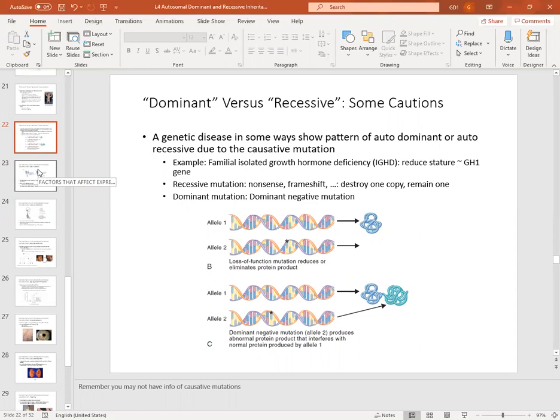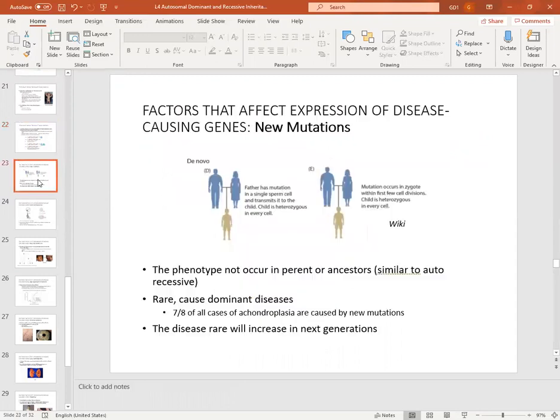Actually, it's quite difficult to identify a pedigree with clear information about a disease like that. We will go over some factors that affect the expression of disease genes. How to express this one?